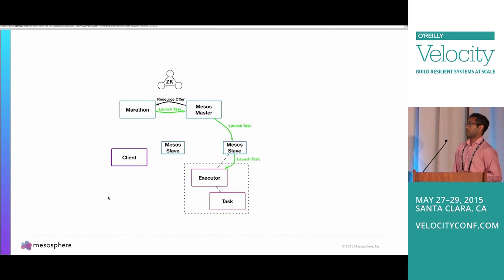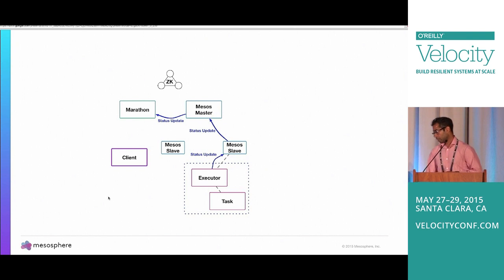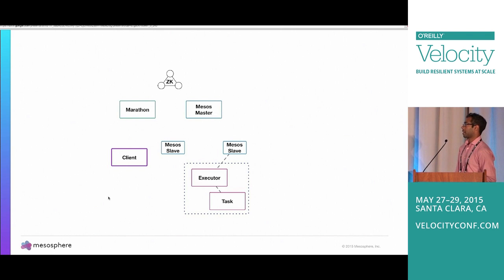Marathon then says, okay, that's not good. I want that task to be running, and then with the next resource offer, sends a launch task message to Mesos. Mesos takes that launch task message, finds another node for that task to run on, and the same business happens again, just on a different node. Status updates go back, and again, Marathon is happy.